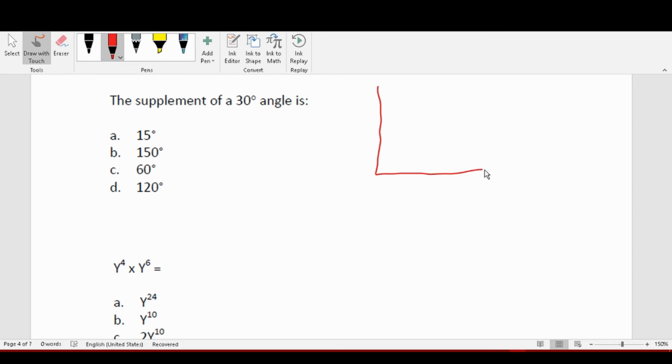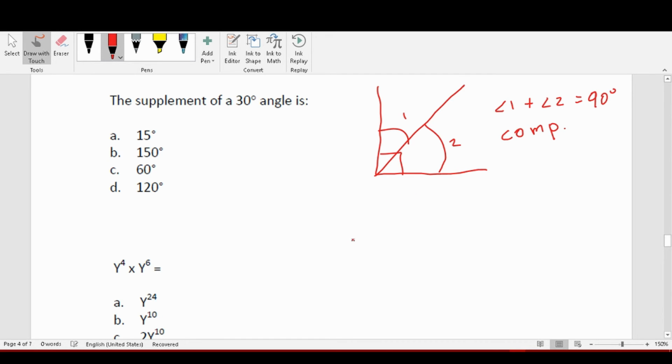When you have two angles, we'll call this angle 1 and angle 2, that add up to 90 degrees, those angles are called complementary angles.